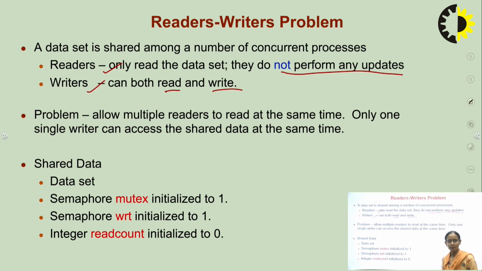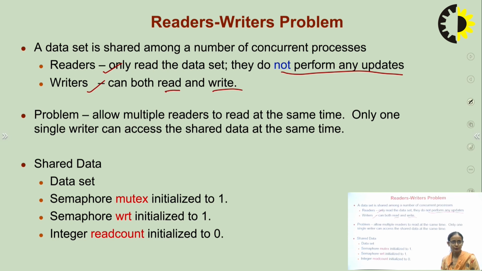So now what's the problem in this case? We allow multiple readers to read at the same time. That is, we are aware that if 4 processes are reading the database, then your database doesn't go into an inconsistent state and no race conditions would arise in the case of multiple reading.